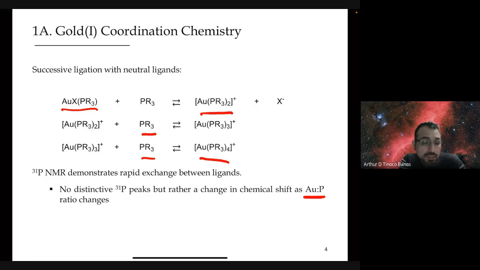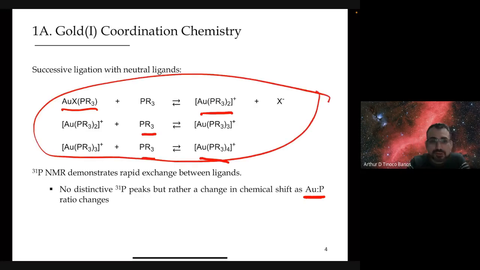What I mean by that is that if you're trying to track the formation of the gold phosphine, from coordination number 2 with 1 phosphine all the way up to coordination 4 with all 4 phosphine groups, it becomes quite difficult, because in the NMR of this reaction you don't get distinctive phosphorus signals for each of these different species.